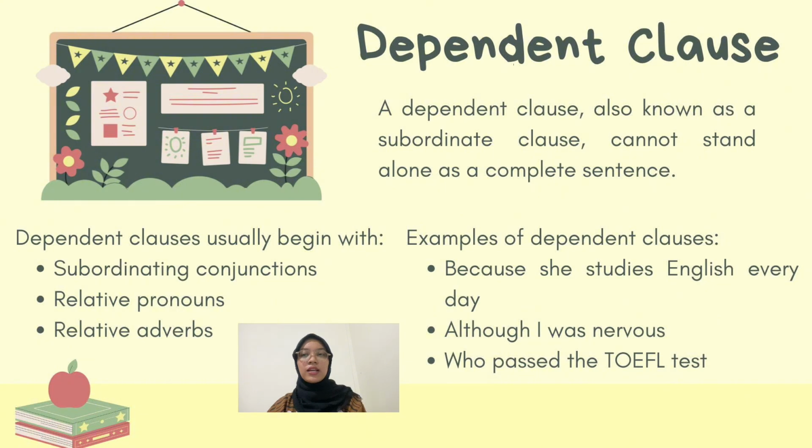Okay, dependent clause. A dependent clause, also known as a subordinate clause, cannot stand alone as a complete sentence, even though it has a subject and a verb. It does not express a complete thought. Dependent clauses usually begin with a subordinating conjunction, relative pronoun, or relative adverb.